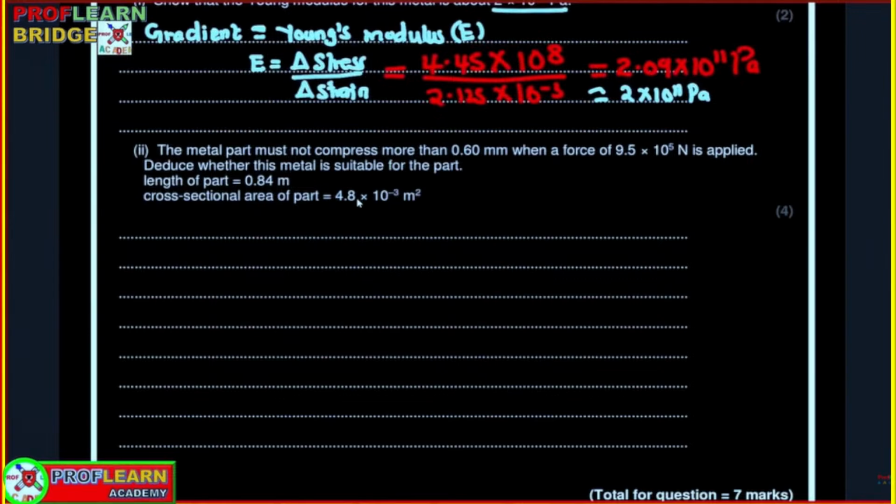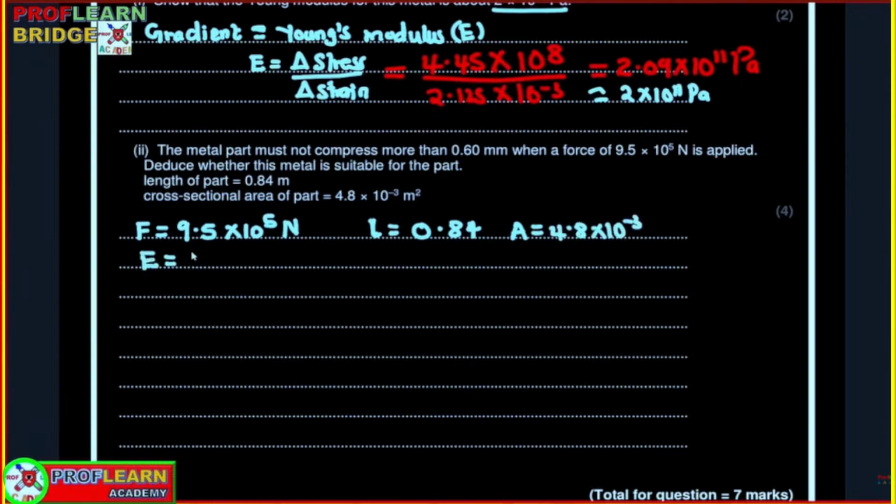Let's begin working out this question. We know that the force that was given here was 9.5 times 10 raised to power 5 Newton. Length was given as 0.84 meters. Cross-section area was given as 4.8 times 10 raised to power negative 3, right?